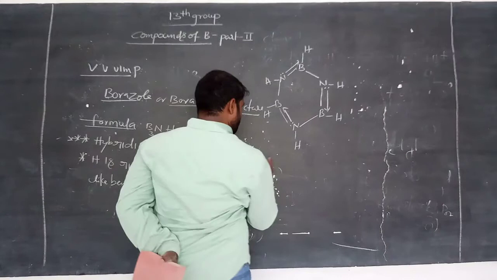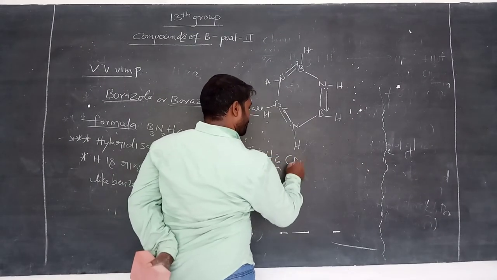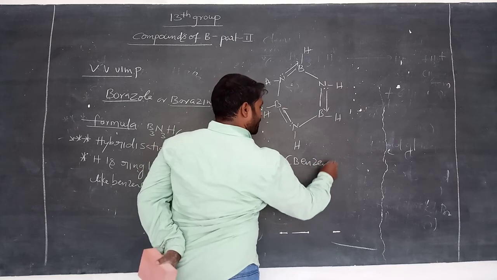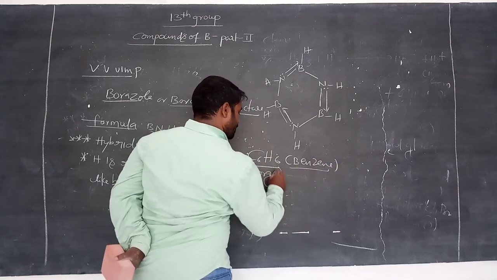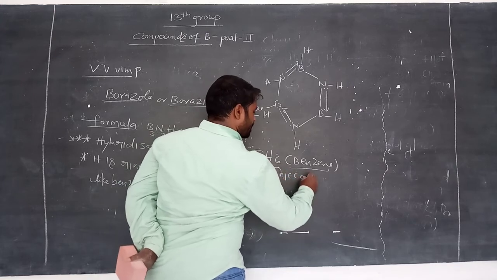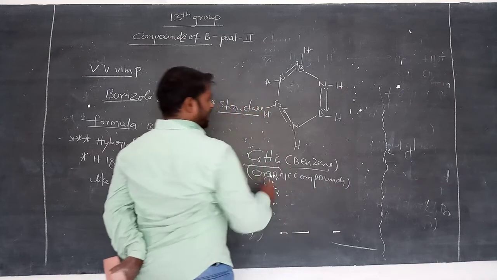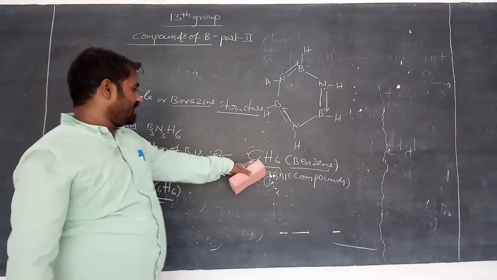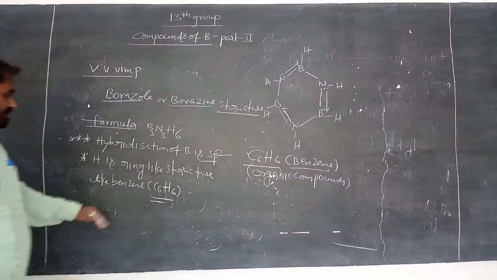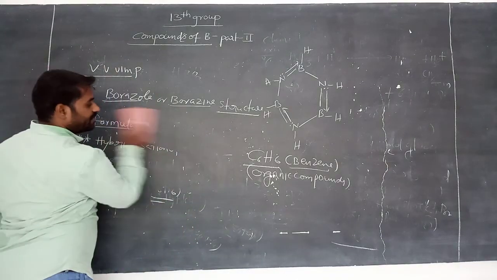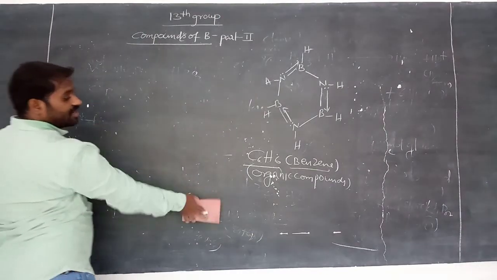Now let us come to the benzene structure C6H6. What we call benzene is an organic compound. Organic compound means most of the atoms present are carbon and hydrogen. Okay.